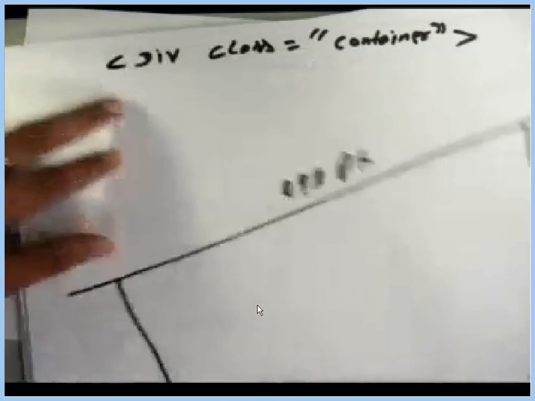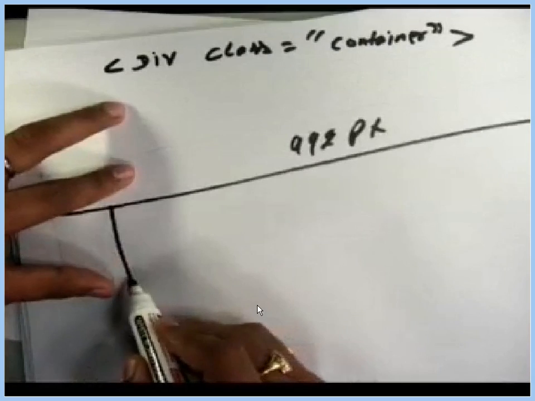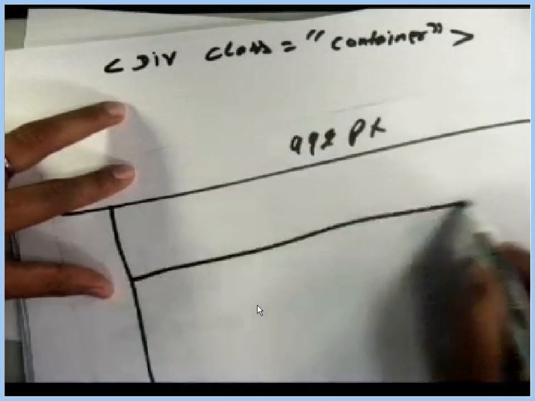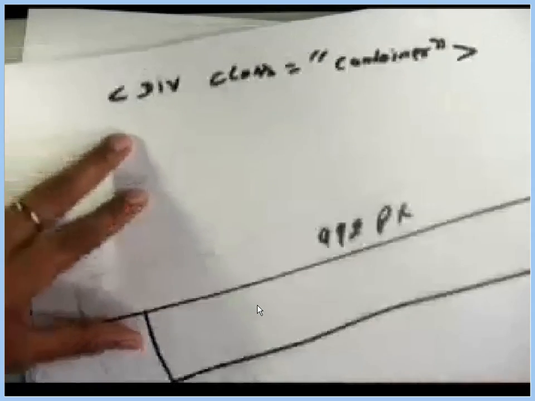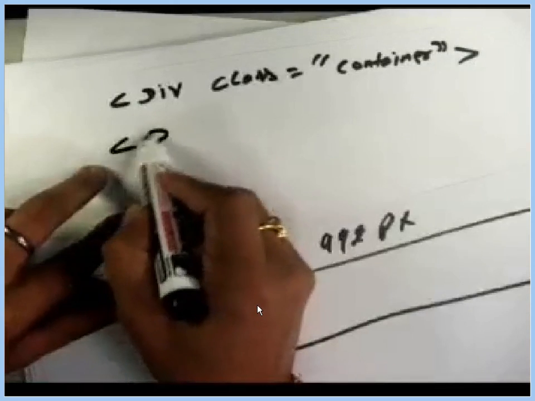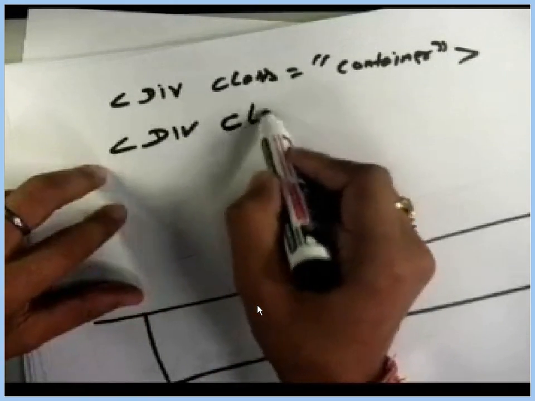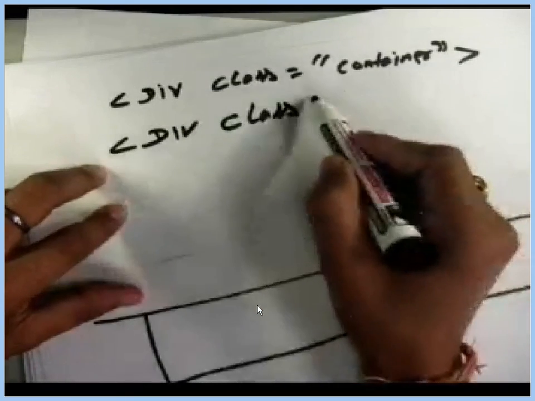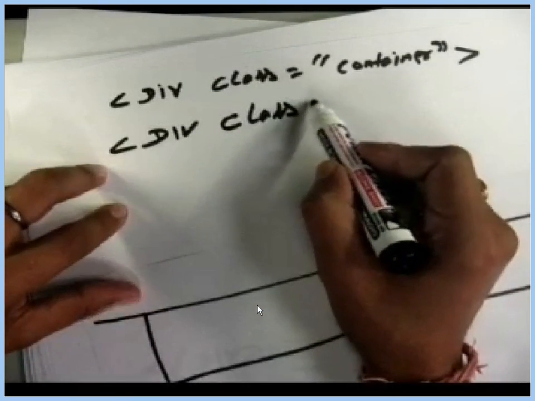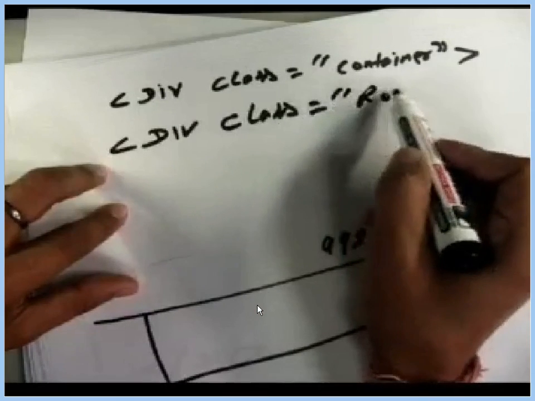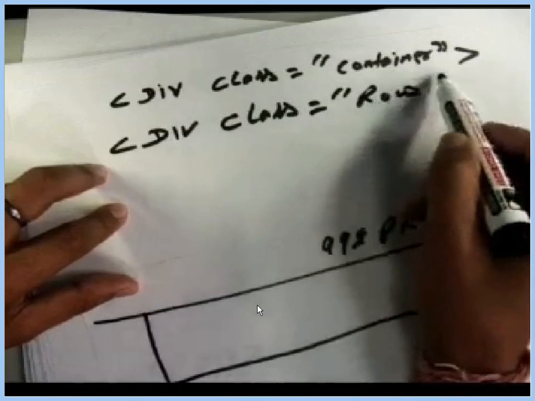It will display the container in the middle of the screen. Now further, if I want to add a row over here, I need to add one div tag here, and I will say class equal to row.